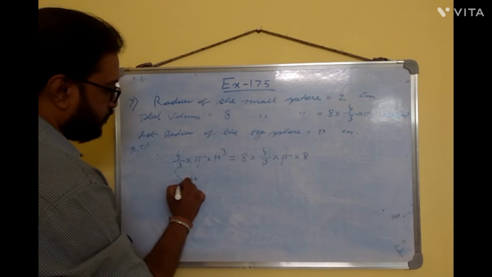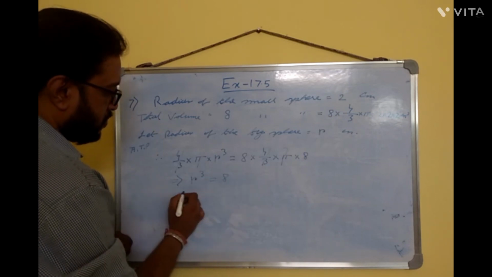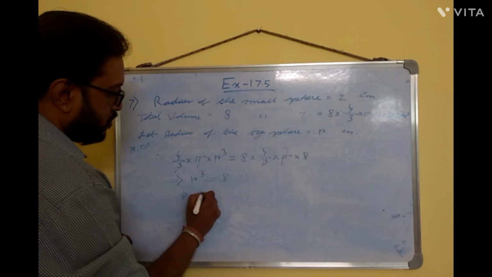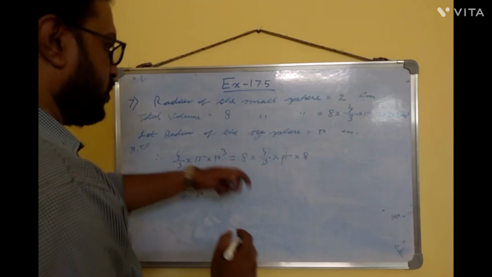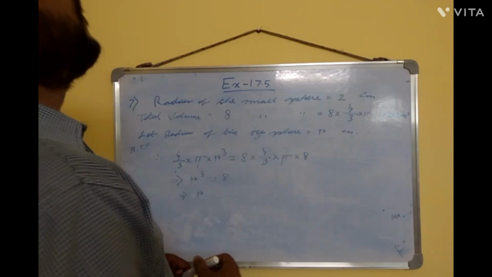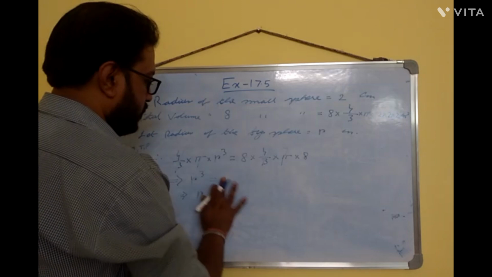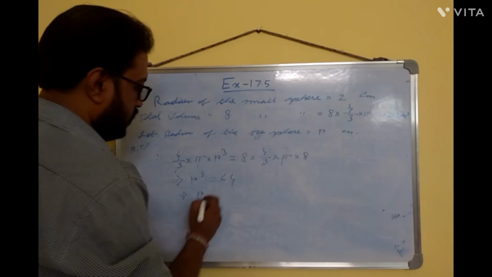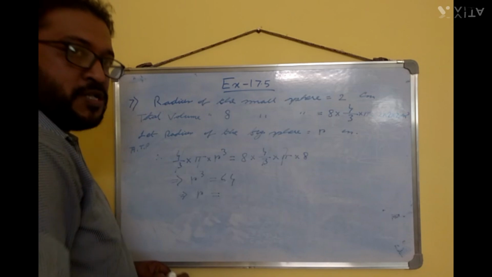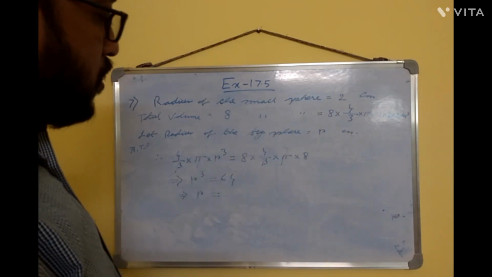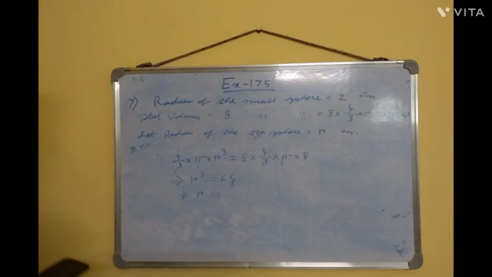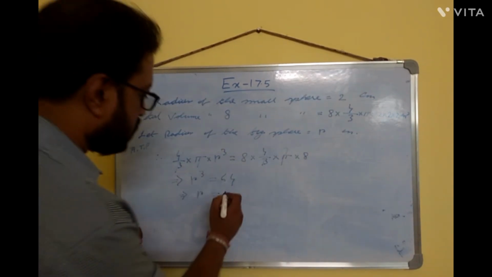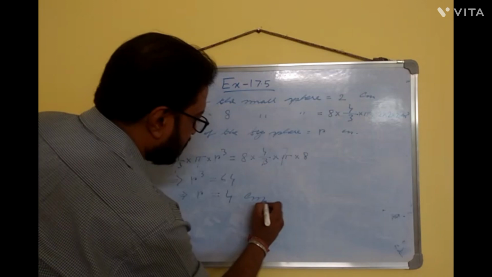So it will be r cube equal to 8 times 8, that is 64. So r will equal to how much? How much, everyone? 4. r equal to 4. So r will be 4 centimeter.